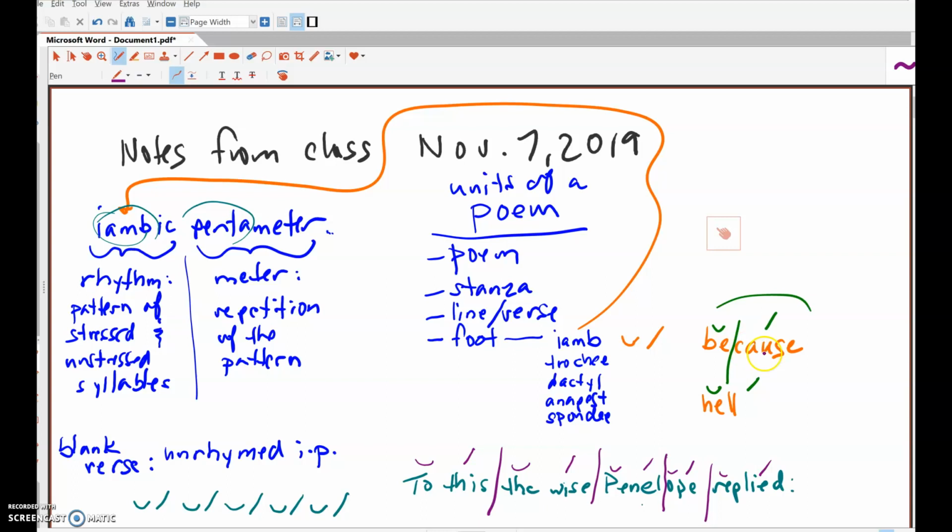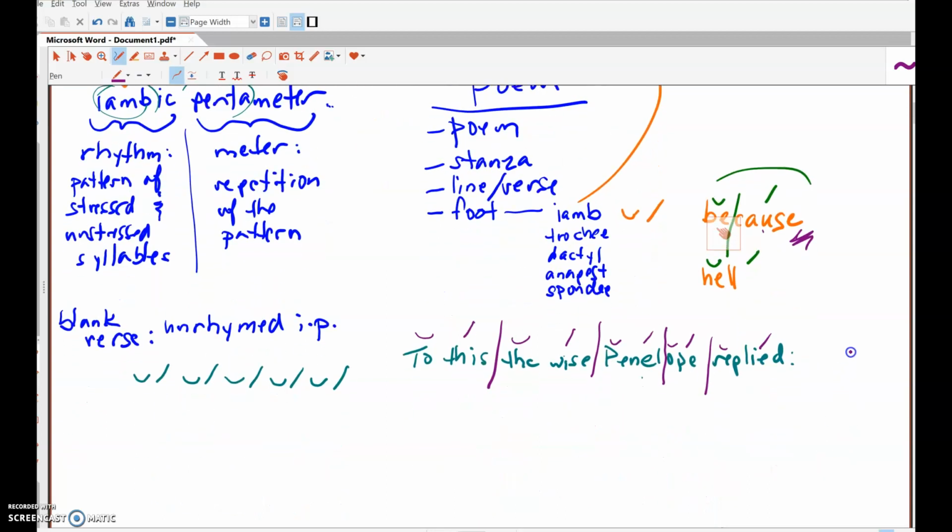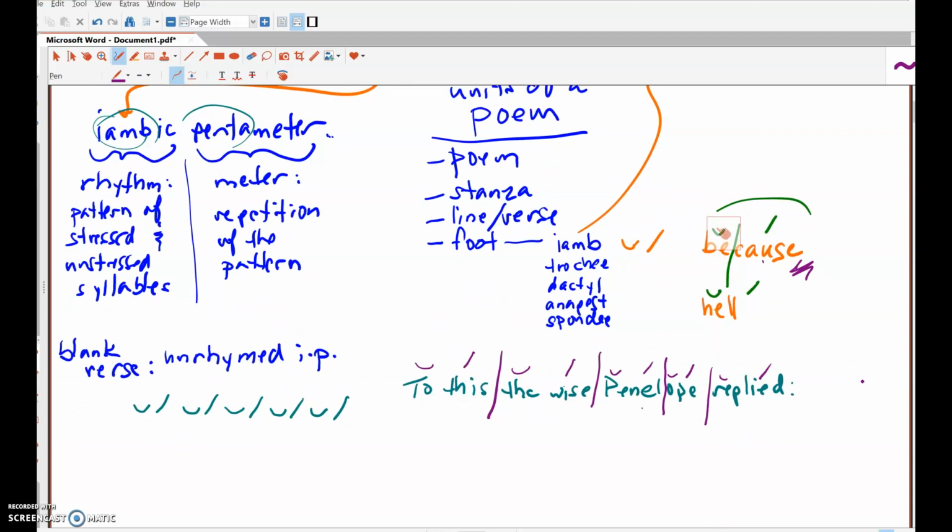And then, as in our examples up here, it can be all within a single word. To this, the wise Penelope replied. So the epic is written in iambic pentameter because iambic pentameter follows the natural patterns of English speech. In English, we tend to speak in that sine curve.